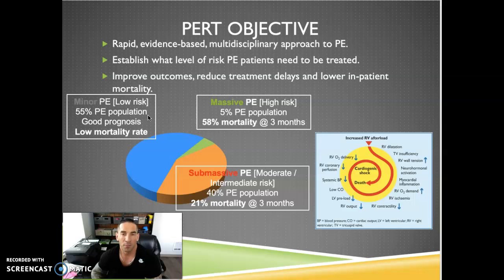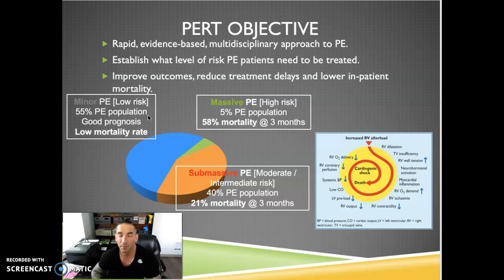The other, what is going to be called the submassive PE population, is really the population that this PE response team is looking to improve quality outcomes with. These are the patients that are not massive, but they're definitely not stable. The European guidelines call them intermediate risk PE, and that's roughly about 40% of the PE population, so a good percentage of them.